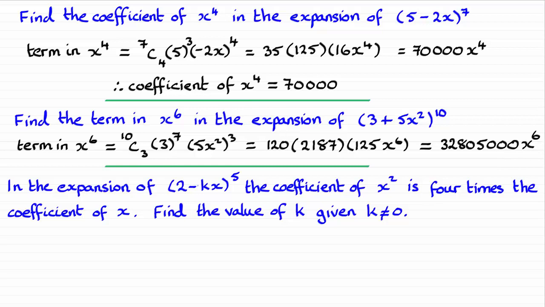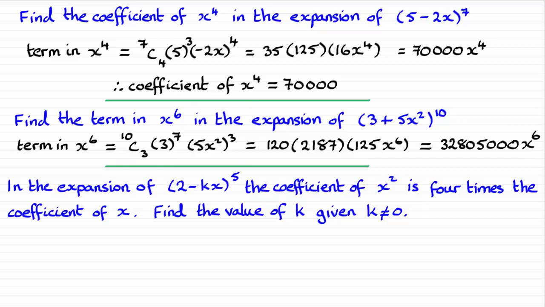Now for the last one here, we're told that in the expansion of (2 minus kx) all to the power 5, the coefficient of x squared is 4 times the coefficient of x, and we've got to find the value of k given that k doesn't equal 0. And I did a similar example to this in the previous section, so just a bit more practice on this kind of thing.